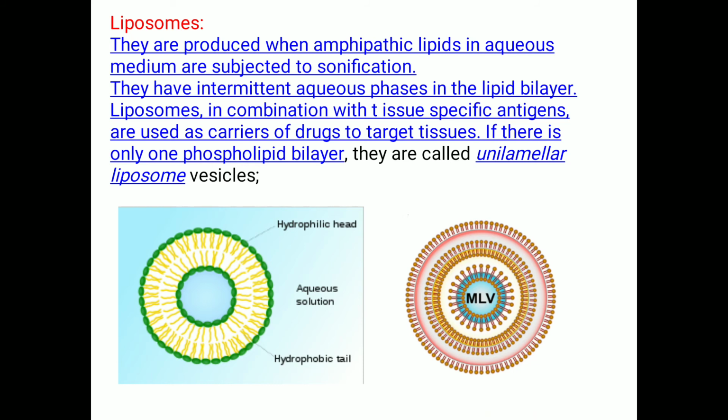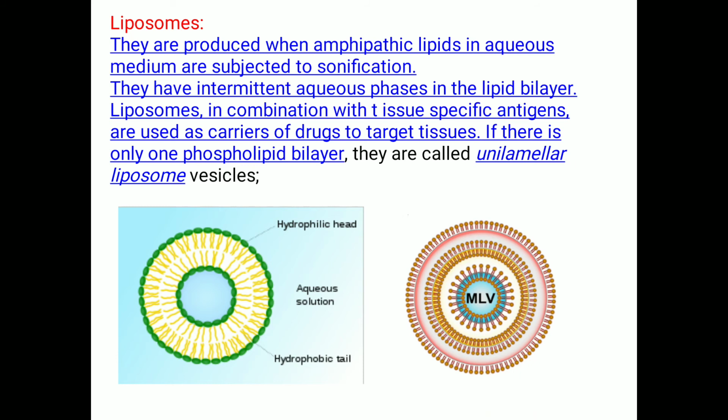So what are the uses of these artificially prepared liposomes? Liposomes in combination with tissue specific antigens act as carriers of drugs to target tissues. If you want to do drug delivery experiments, you make these artificial liposomes in such a way that the drug is incorporated into the inside liquid environment.